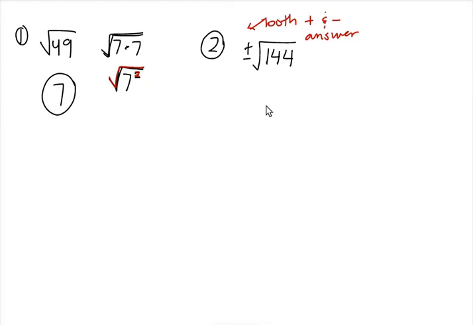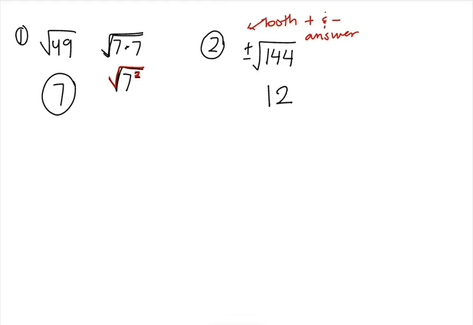So for 144, I want to know what times itself equals 144. Look at your list and see what times itself equals 144. It would be 12. Technically, positive 12 times positive 12 equals 144. But doesn't negative 12 times negative 12?